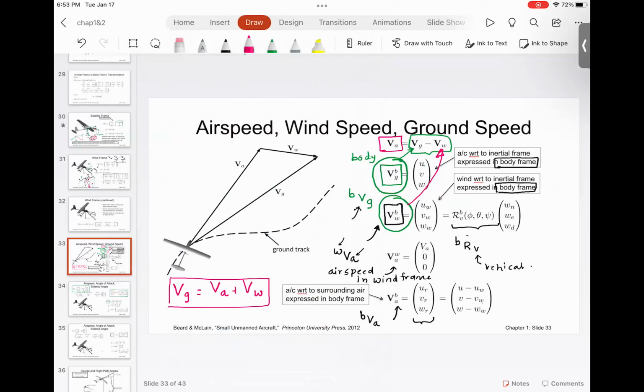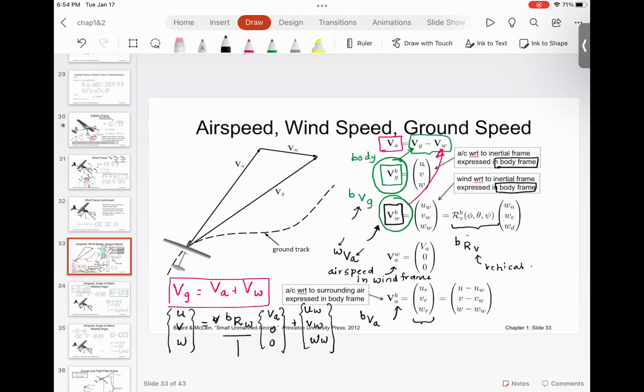Now, this guy is nothing but U, V, W. This guy is basically the rotation from the wind frame to the body frame, times Va, 0, 0. And this guy is Uw, Vw, and Ww.